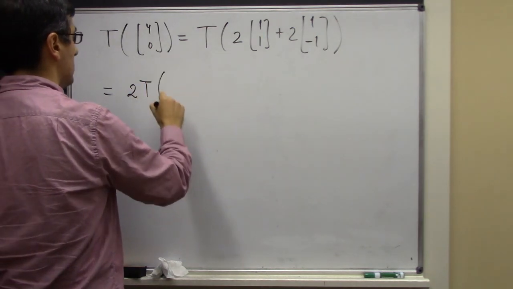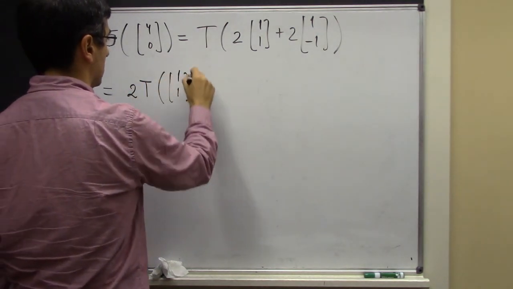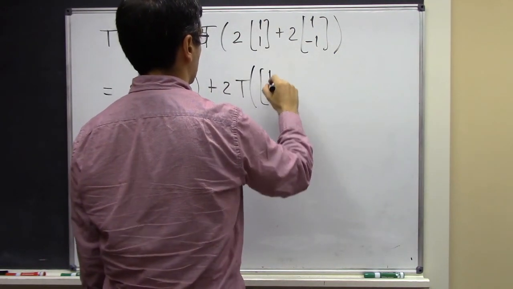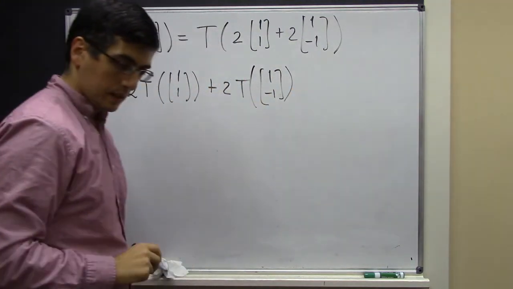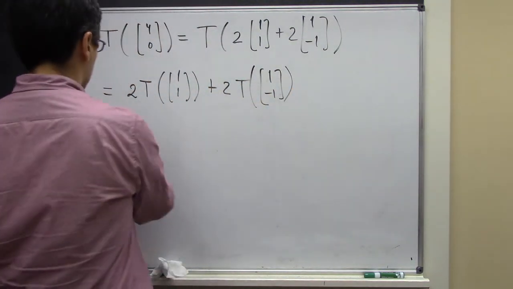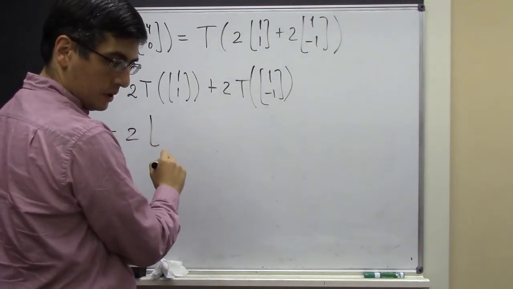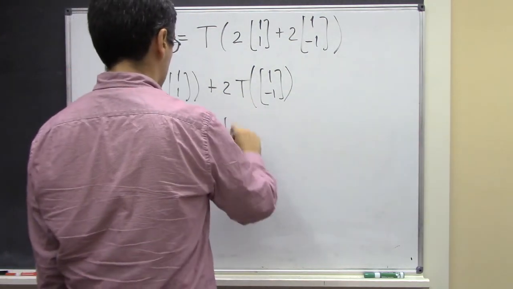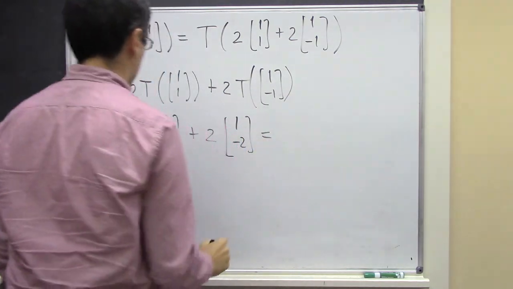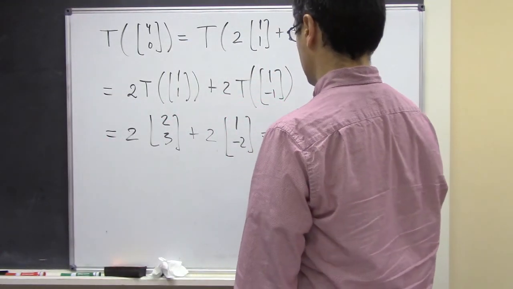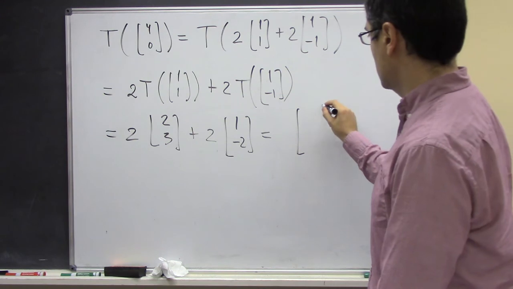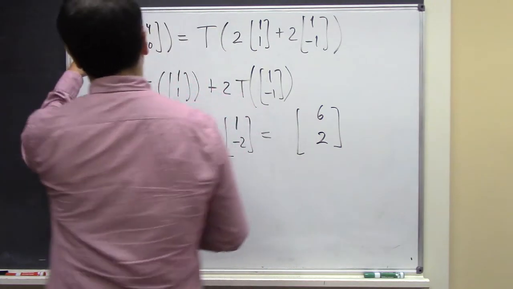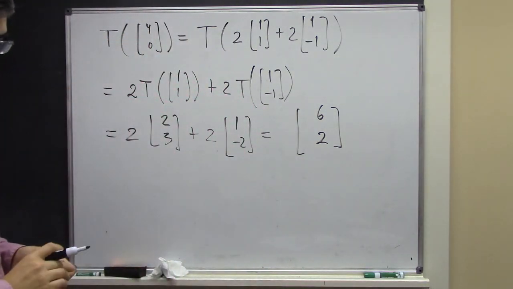Then this has to be equal to 2 T(1, 1) plus 2 T(1, -1). And the values for those were 2 times (2, 3) plus 2 times (1, -2), and this is equal to, well, what we get is (6, 2). So the value of T on (4, 0) is (6, 2).